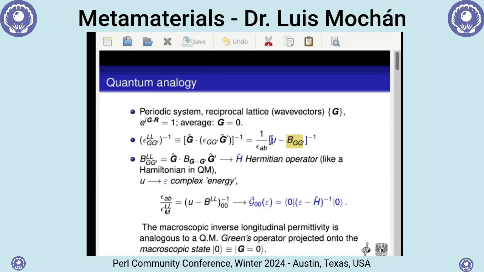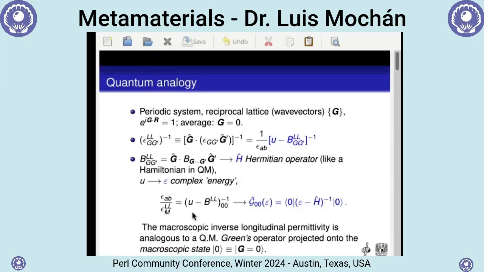So this equation looks similar to what you get in quantum mechanics, where one calculates Green's functions as the inverse of some complex generalization of the energy, minus the Hamiltonian, which is the energy operator, a Hermitian operator, Hermitian in the sense of linear algebra.